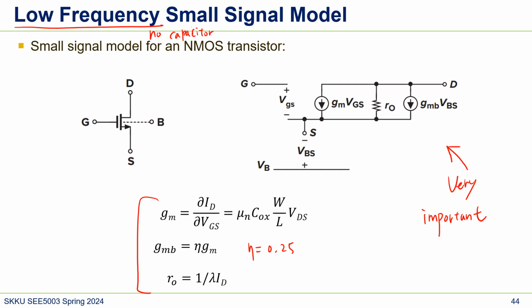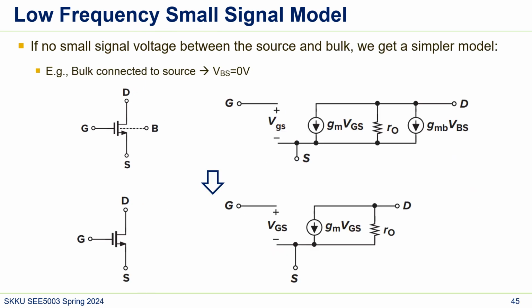The other part that may be good to consider is when VBS equals 0. Sometimes you're not using this part, because when the bulk is connected to the source, there's a case like this, and VBS is 0, so we just ignore it, and it turns out like this.